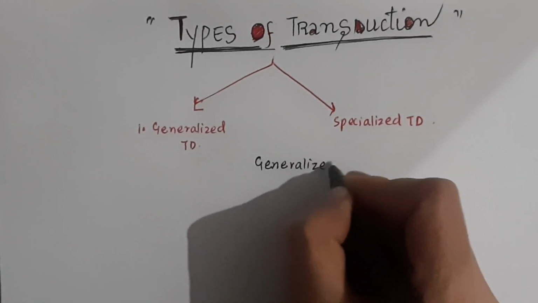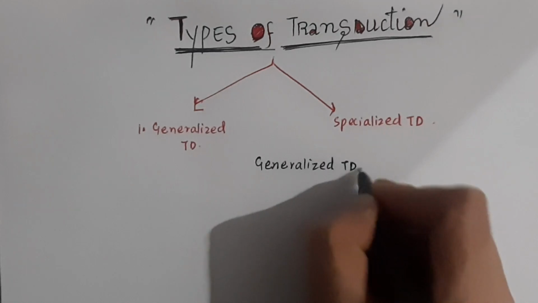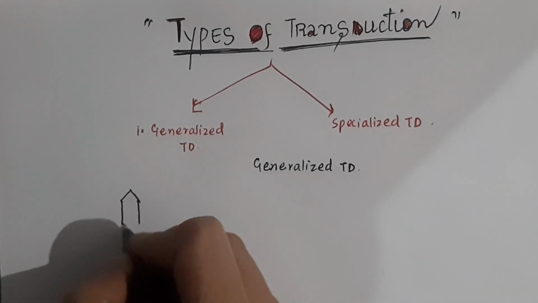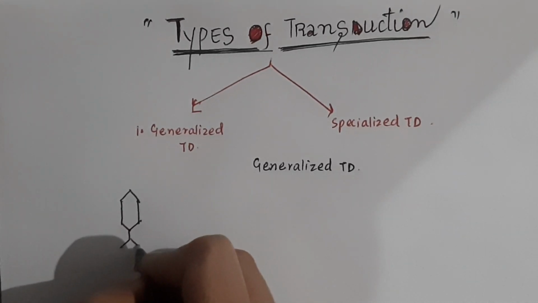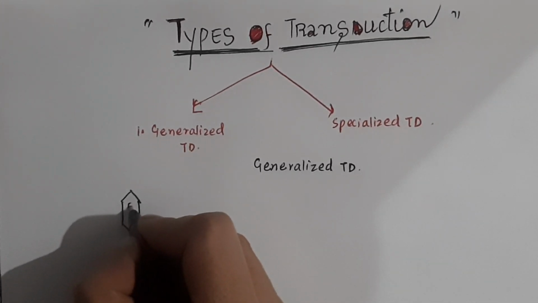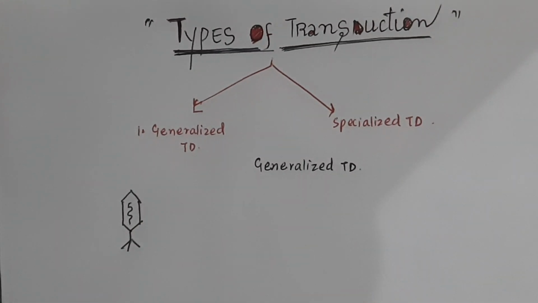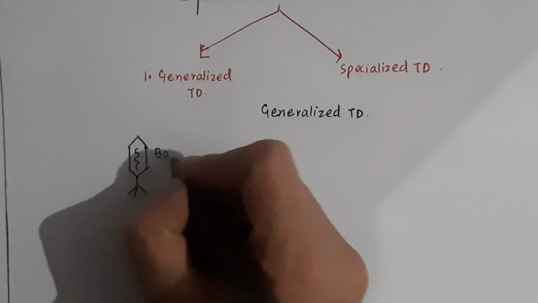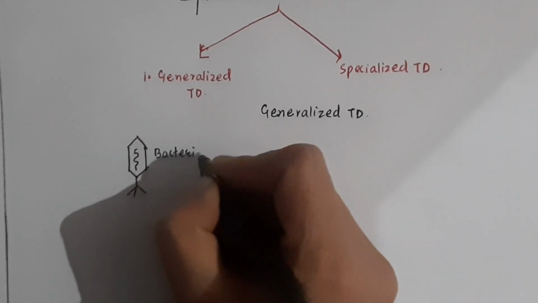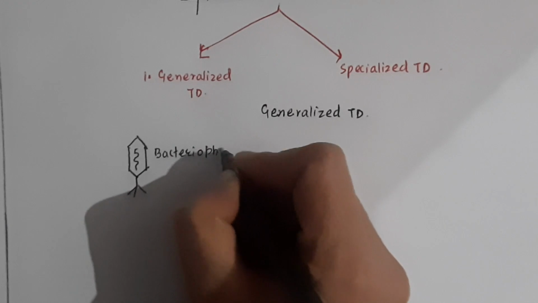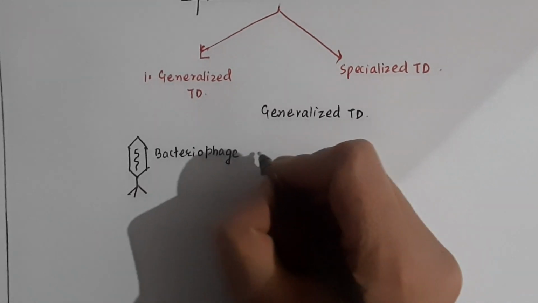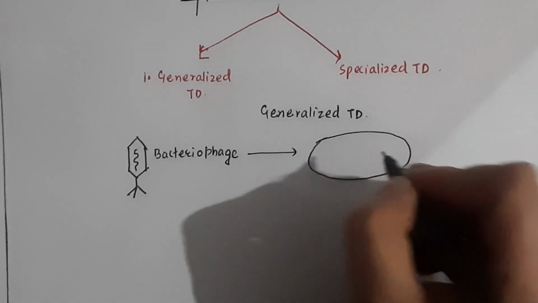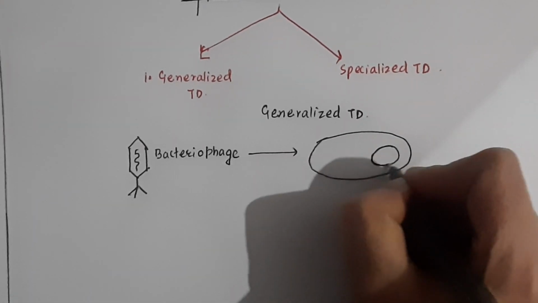We already know that this is a bacteriophage. Our main point of discussion here is the bacteriophage. When it infects the bacterial cell, what happens?